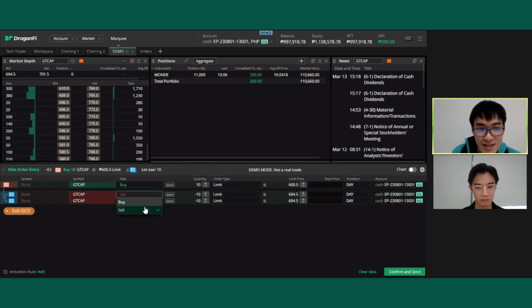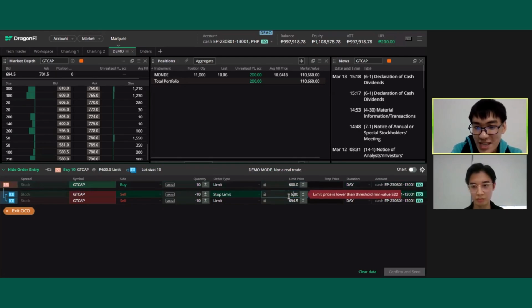Your stop loss will be a stop limit order. So let's place it at 580. Then you want to sell lower than 580 so you get filled right away. So 579. Then your target price will be at 725.